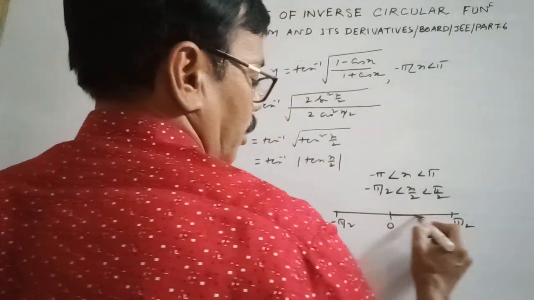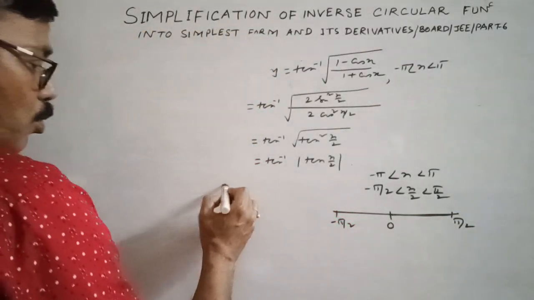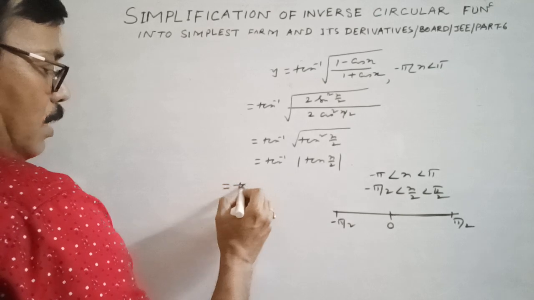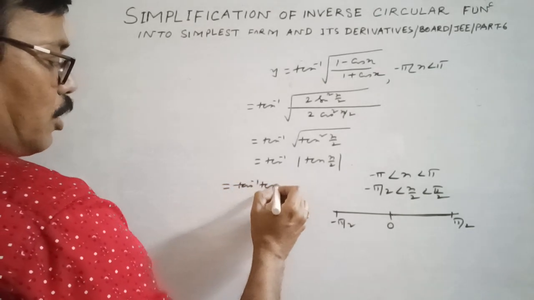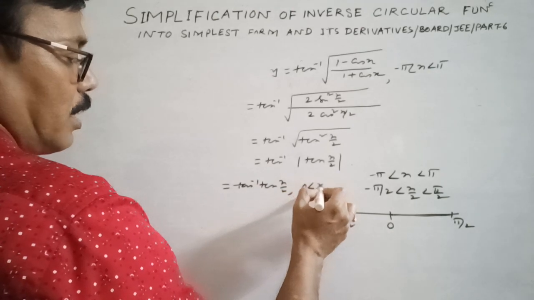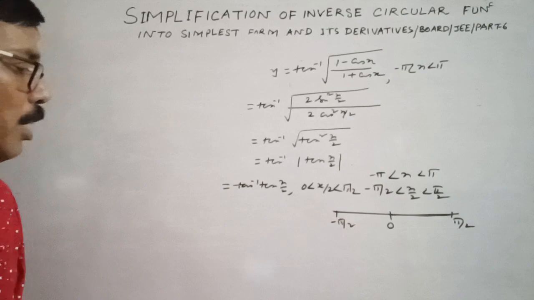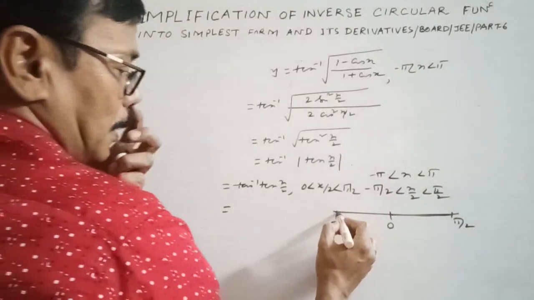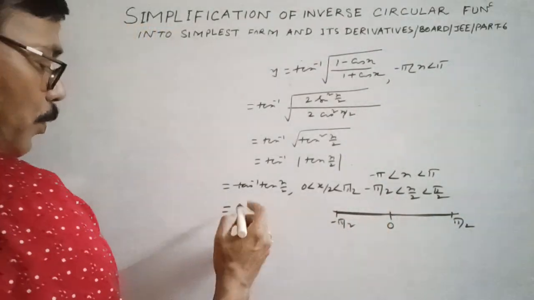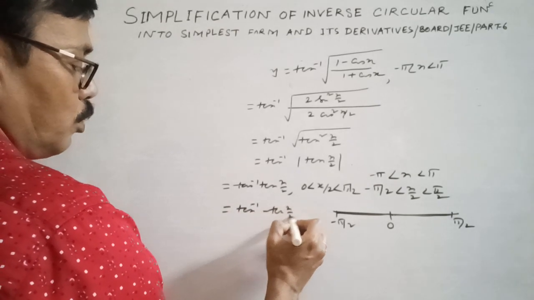In 0 to pi by 2, tan x by 2 is positive. So we are getting tan inverse tan x by 2 if 0 less than x by 2 less than pi by 2. And in the other restriction it is negative. So tan inverse minus tan x by 2.